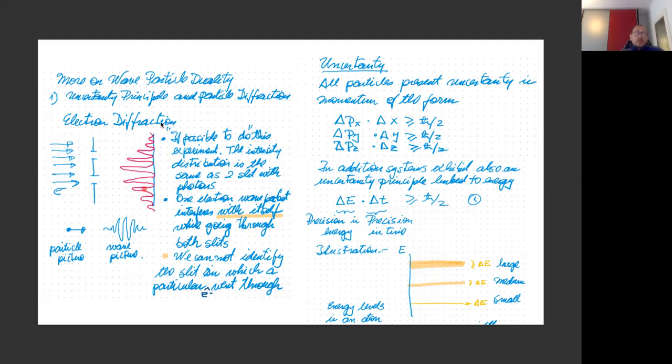Photon means electromagnetic radiation, and in the case of electromagnetic radiation, we use wave theory to calculate the intensity on the screen as something that looks like this, like the red line. And here now we're talking about the intensity of particles, and what is the intensity of particles? It means the number of particles at each point.